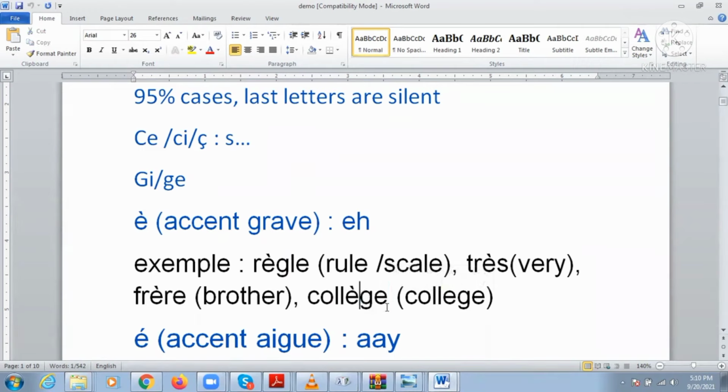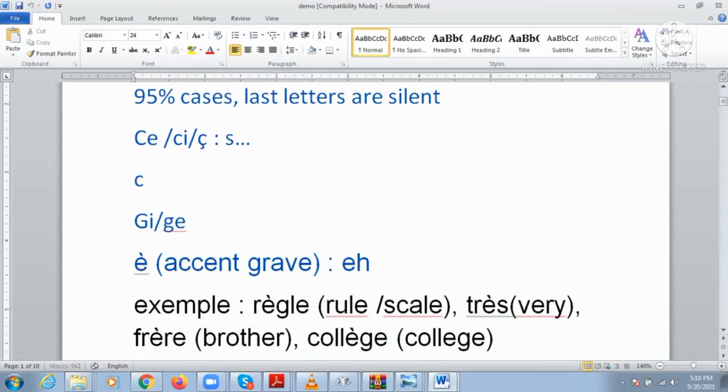So whenever you have G, E together, the sound is J and not G. Even if you are writing C separately, C gives you the K sound in French, when C is not accompanied by E or I or there is a symbol. Can you see the small tail underneath the big C? This symbol is called cédille.